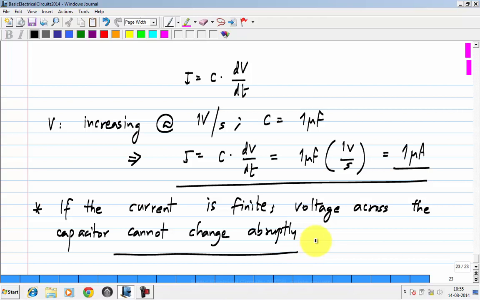So, if the currents are finite, the voltage across the capacitor has to be continuous.